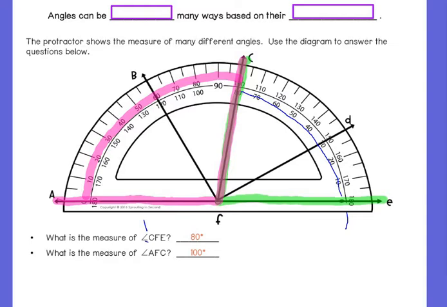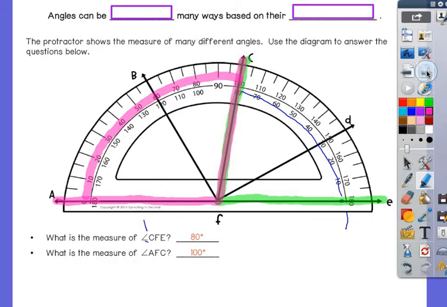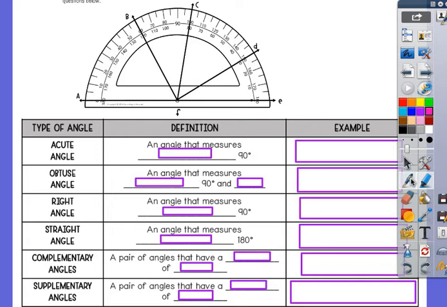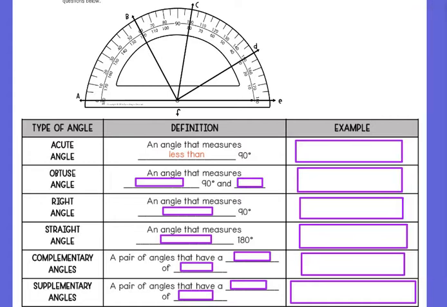All right, so I'd like to review a few things next that you most likely already know. Acute angle. It's a real acute angle. It's an angle that measures what? Less than 90 degrees, or below 90 degrees.